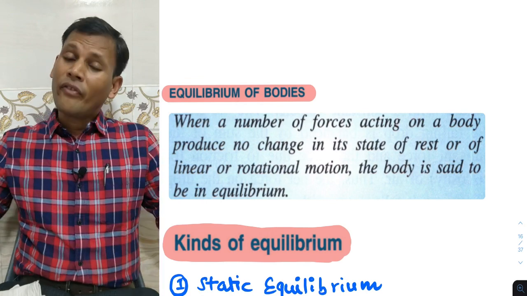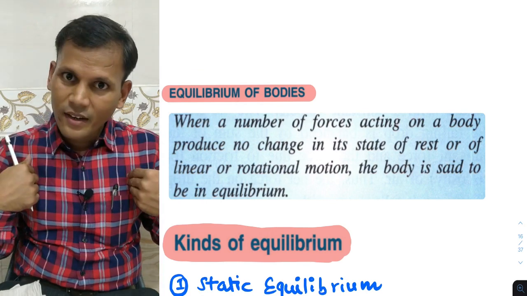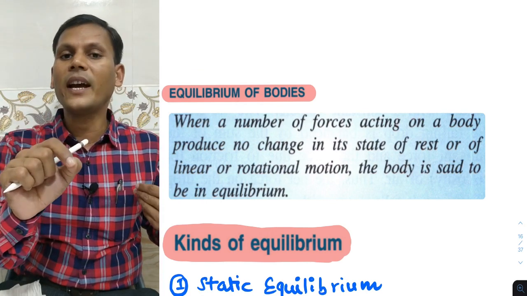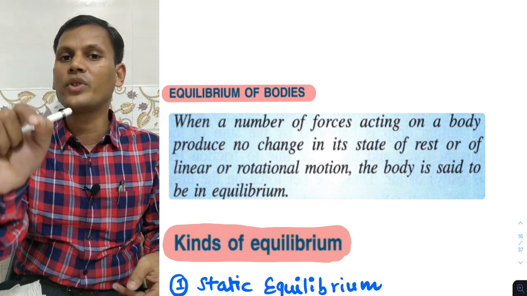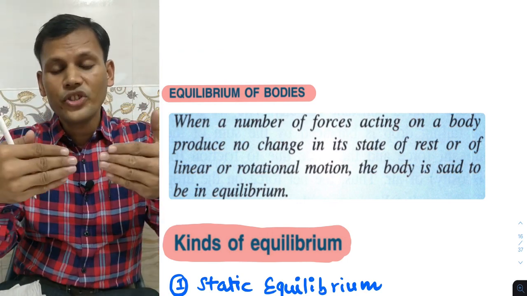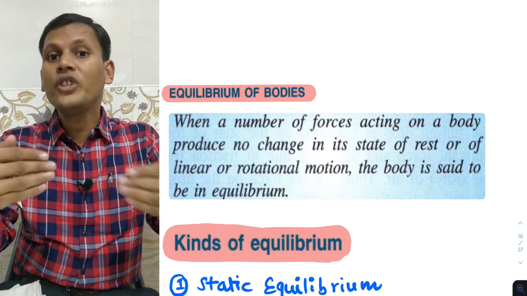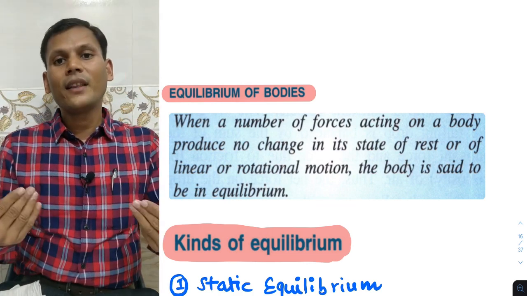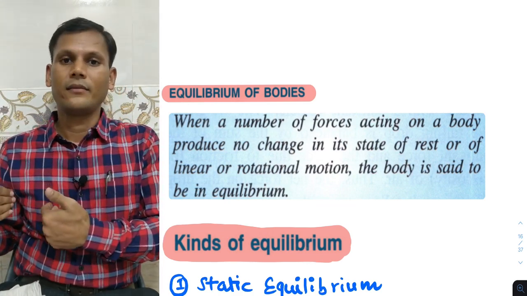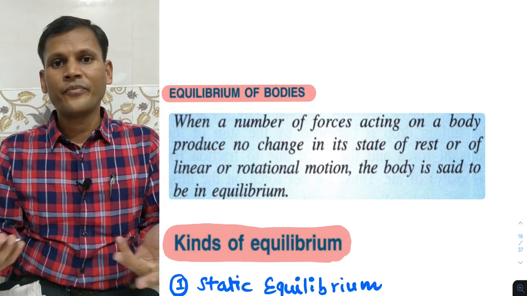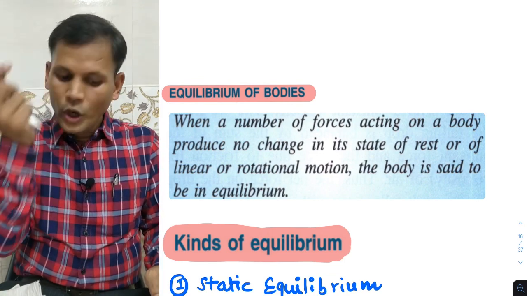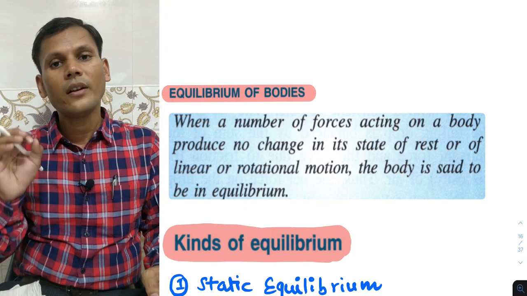It means the two forces acting on me are equal in magnitude but exactly opposite in direction, so they cancel each other, and the body stays at rest or in the same state of motion. So that body is said to be in equilibrium.